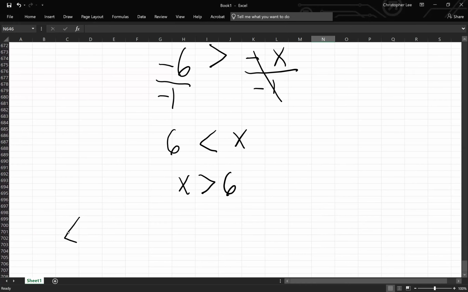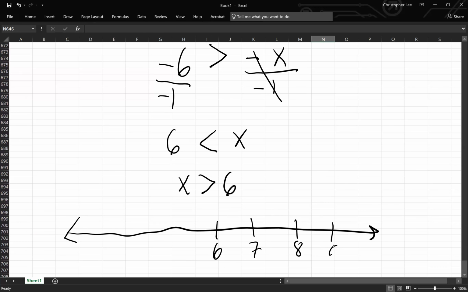Again, after you get the answer, little number line, you already know this is 6, 7, 8, 9, 5, 4, 3. You get the idea, right? This is going to be an open circle or parentheses.